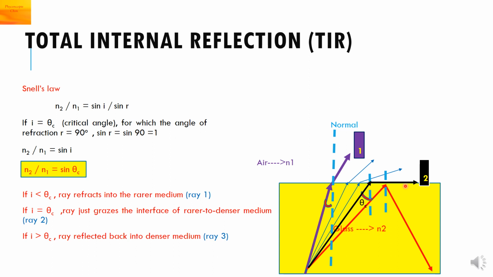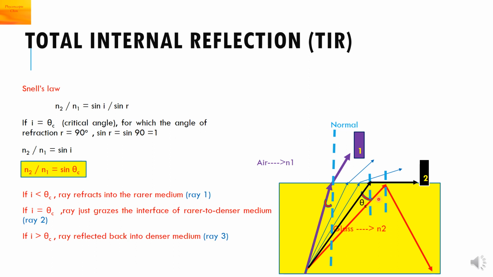Next, when I is greater than theta c, then the ray is reflected back into the denser medium. As you go on increasing the angle of incidence with respect to the normal, when the angle of incidence is equal to theta c, the ray is not refracted but is just moving along the interface.